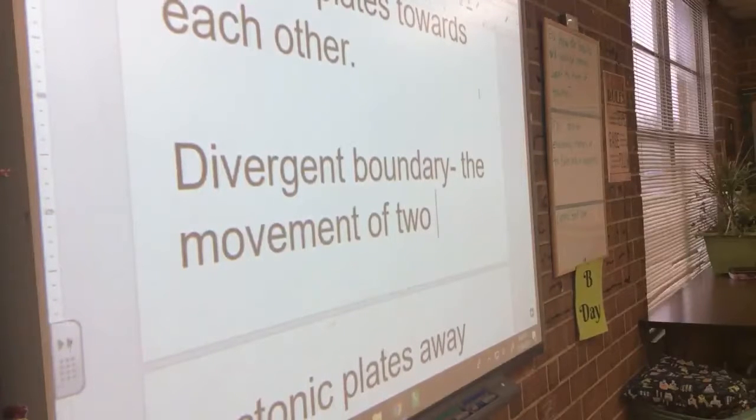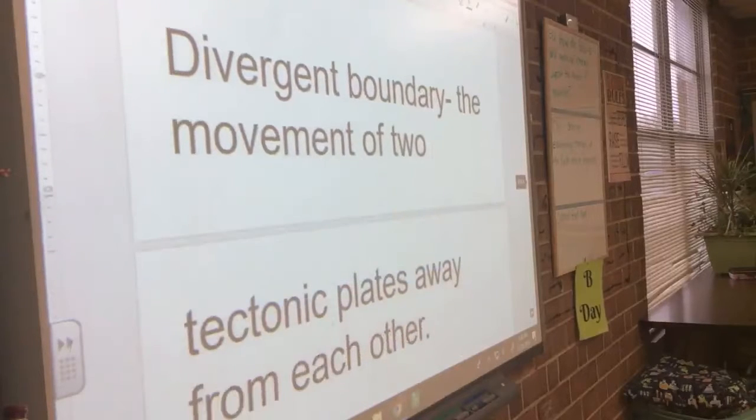When you have two tectonic plates moving away from each other, what do you think comes up in the middle between them? If I've got two plates sitting on a surface of molten rock, and those plates start to move apart, what's in between those two plates?